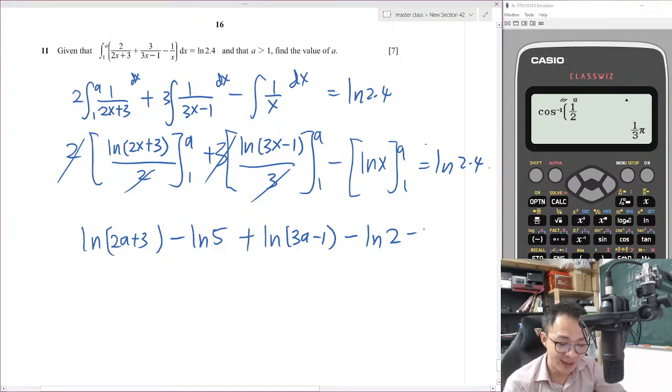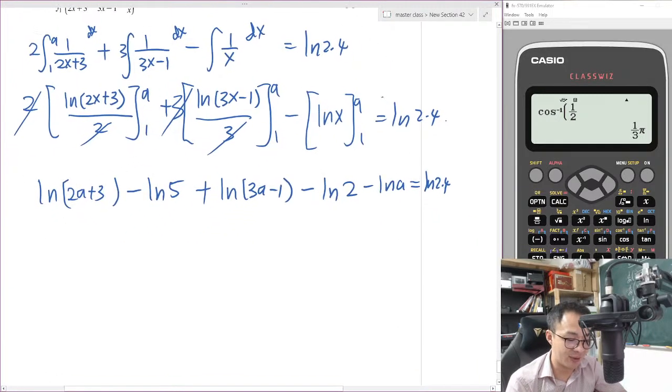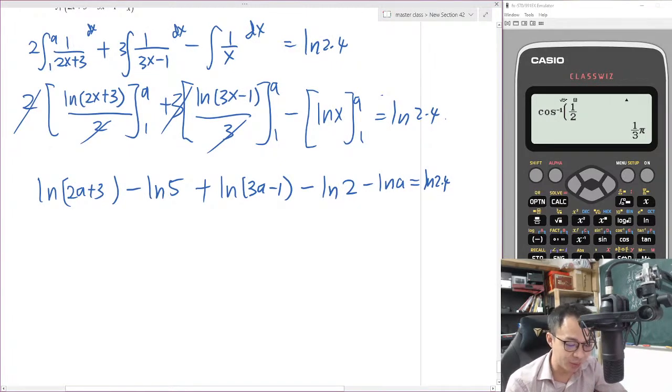And then minus bracket, this is ln a minus ln 1, right? Ln 1 is 0, so you can ignore it. This is ln 2.4.